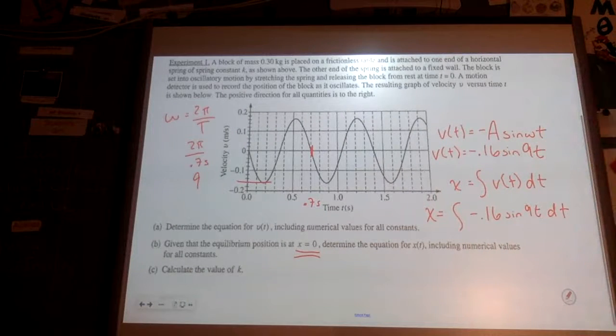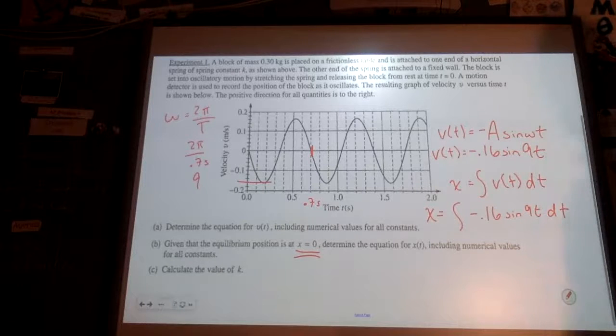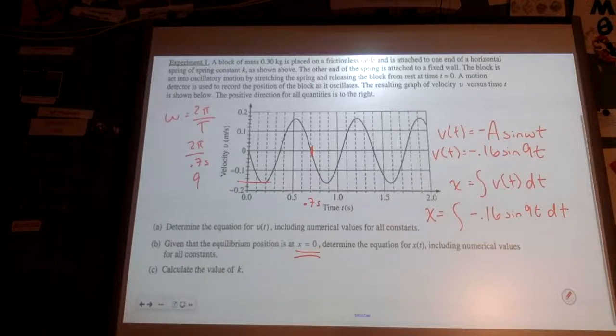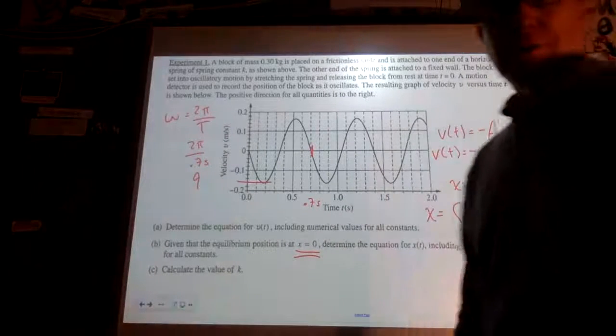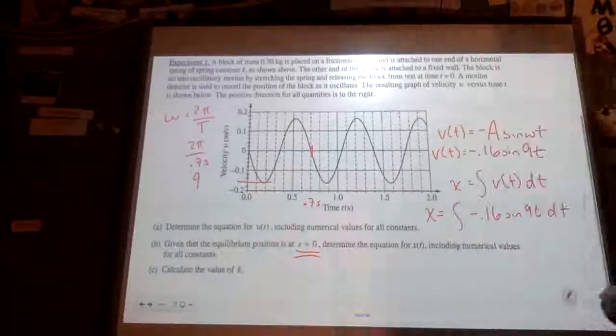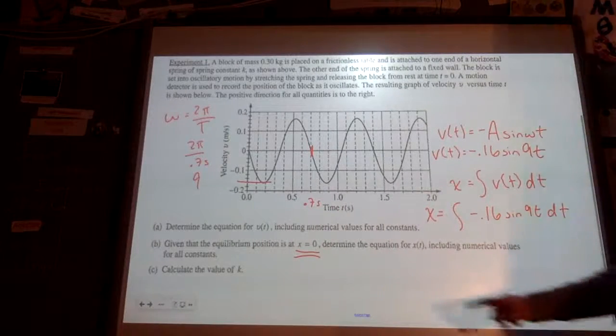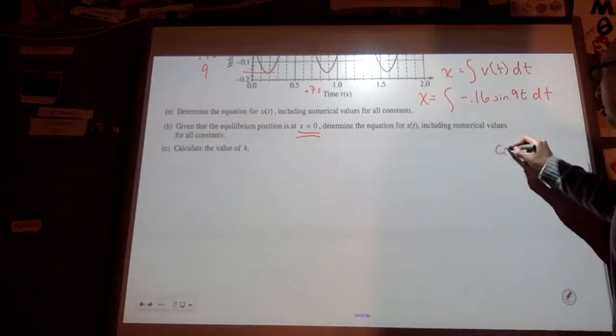Okay, so I know that I want to end up with this if I took the derivative of something. And I know that the derivative of cosine is going to give me negative sine.